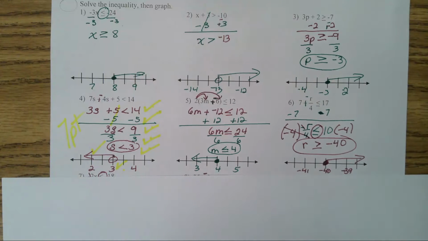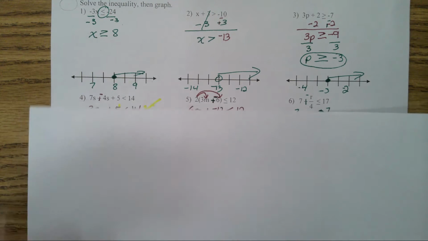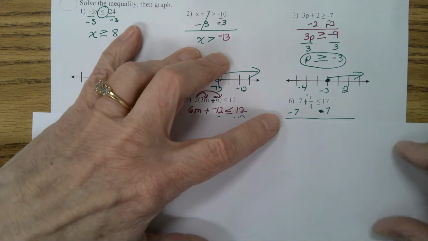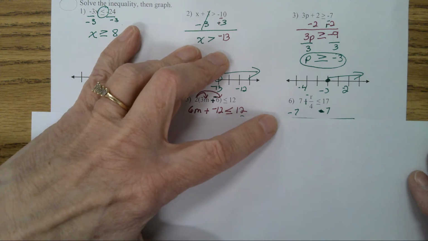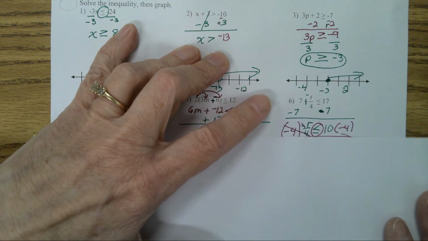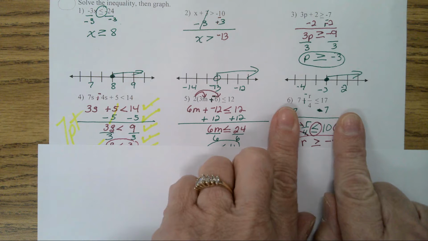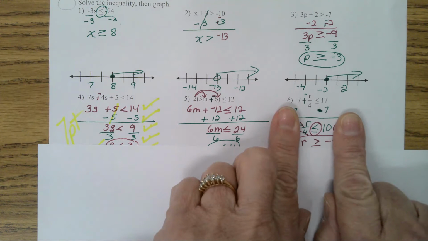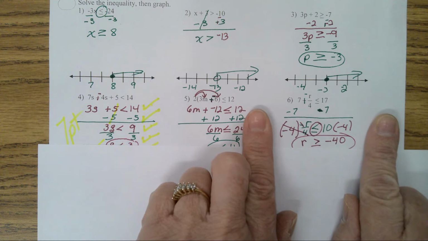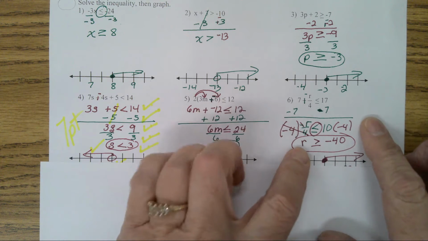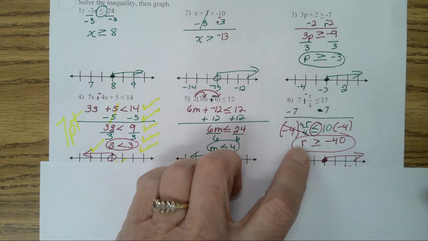Okay, in number 6, add the opposite, so you can get rid of the 7. How do you get rid of a 7? You minus a 7. And now you have -r times r divided by 4 is less than or equal to 10. Now kids, we want to make that a positive r. So we are going to multiply both sides by a -4, because negative times negative makes that a positive r, and that also cancels out that 4.